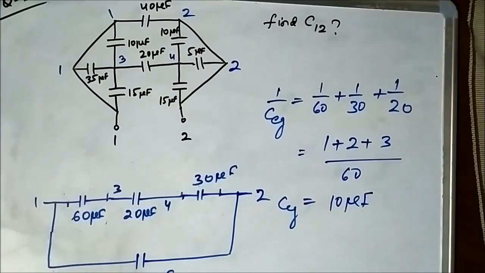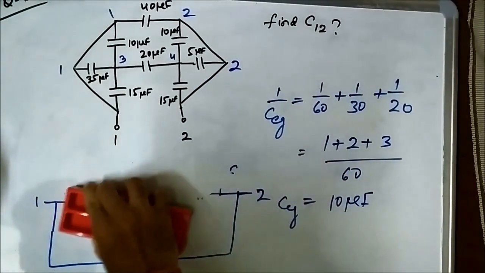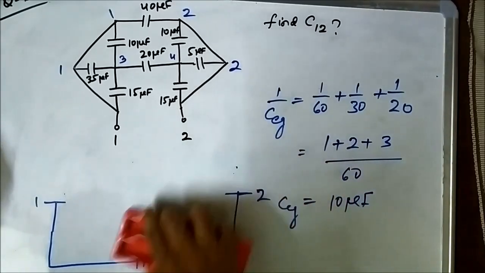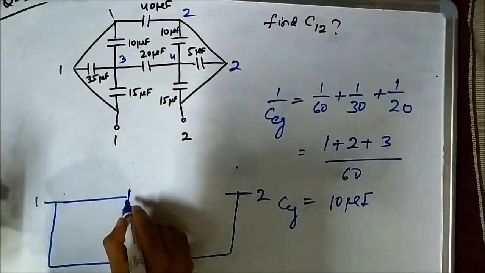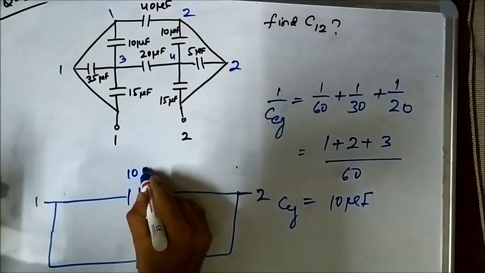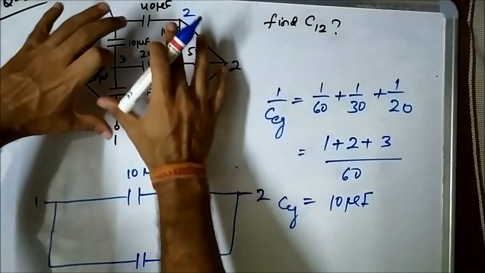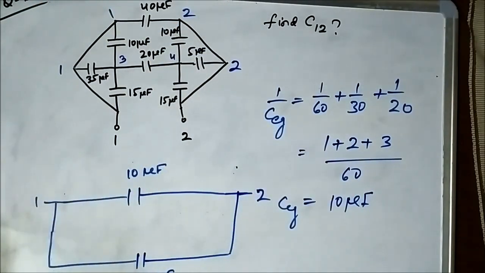So we can replace this entire thing with its equivalent capacitance, which is 10 microfarad. Now we have converted this entire complicated circuit diagram into this simpler form, this two capacitor form.